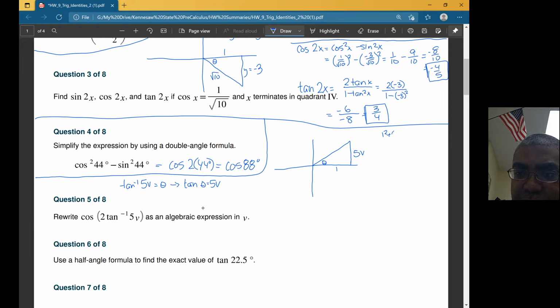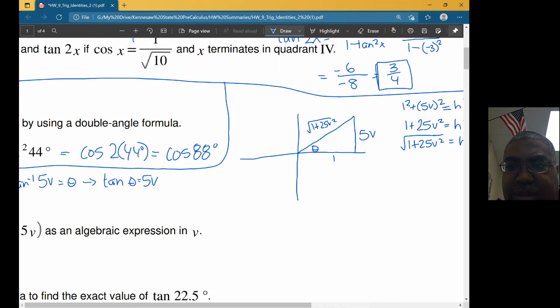So 1 squared plus 5v squared is equal to h squared. 1 plus 25v squared is equal to h squared. So the square root of 1 plus 25v squared is equal to h. I'll put it there. Well, my writing's so little, I could just zoom it in.